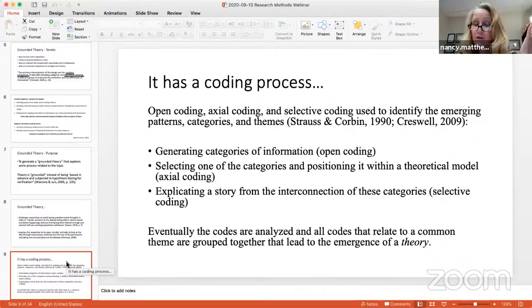And when the same or similar words are mentioned again in the data that you're looking at or described in an issue, that would be noted again. So again, looking at that and going through that process, eventually those codes are analyzed, and all codes that relate to a common theme are grouped together that lead to the emergence of a theory.